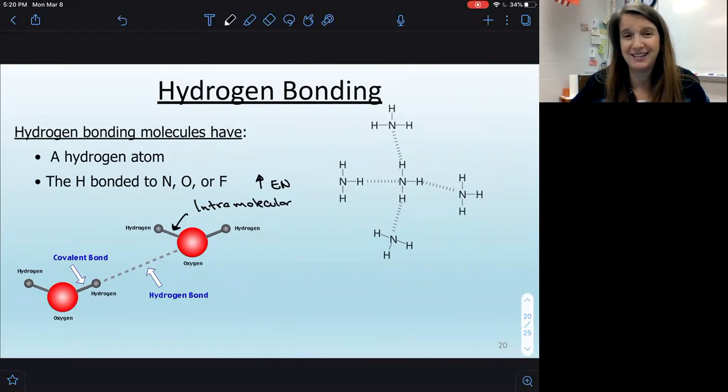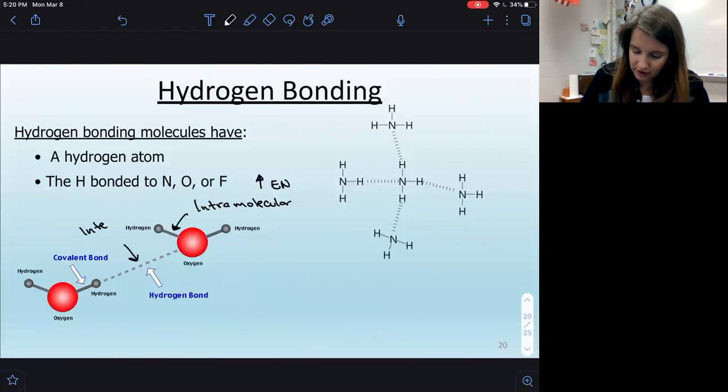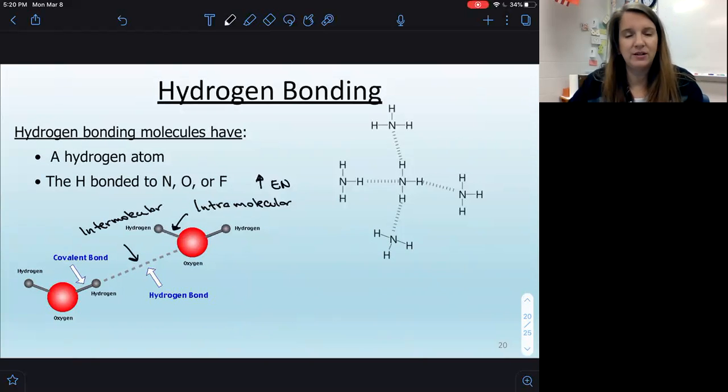A hydrogen bond is not a bond at all. It's an intermolecular force, okay? So this dashed line here represents your intermolecular force because it exists between two water molecules. That's why this one is the hydrogen bond, because it exists between those two water molecules, not in the water molecule itself.